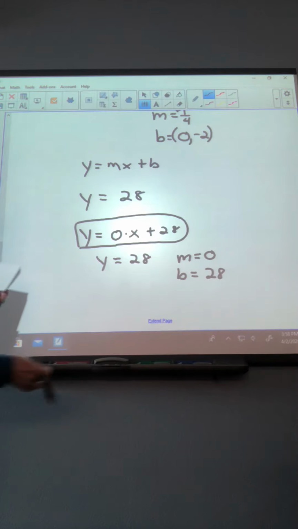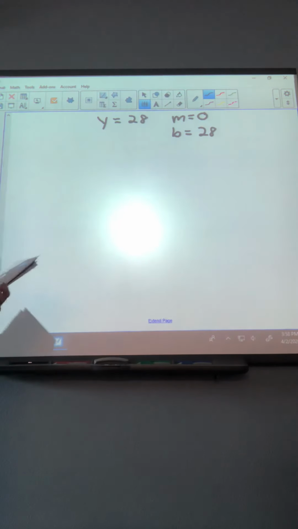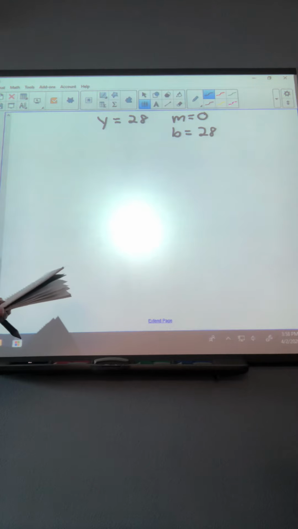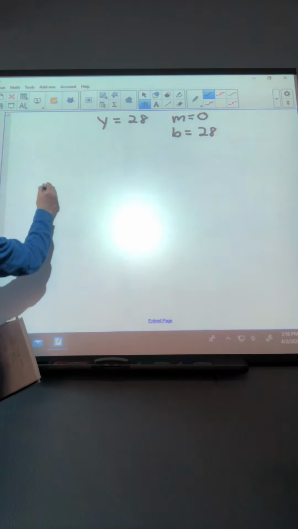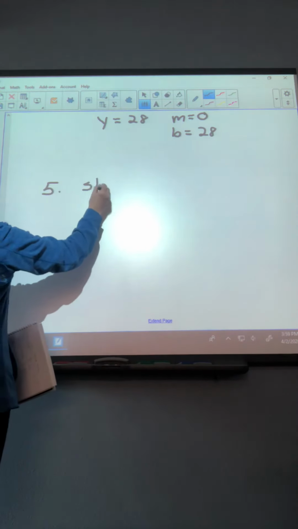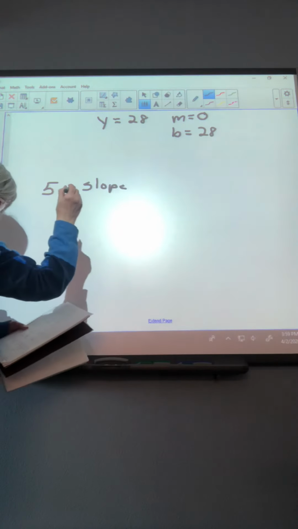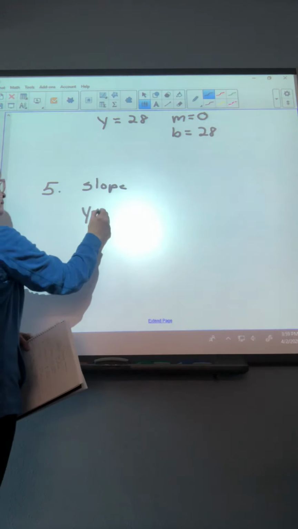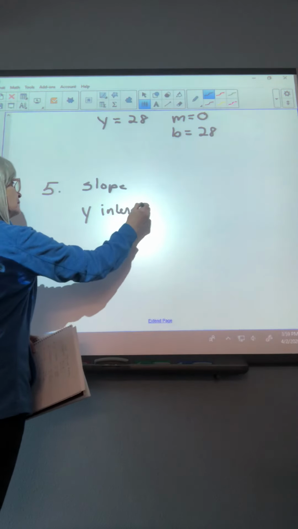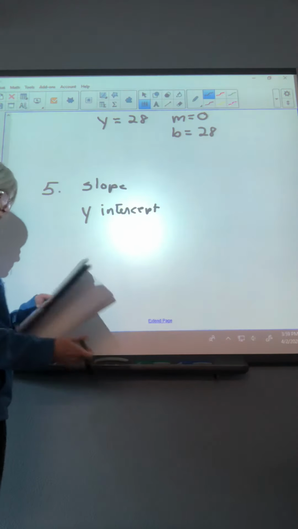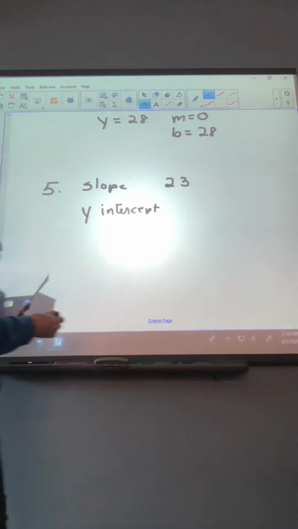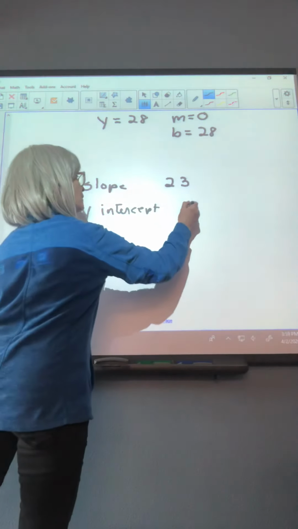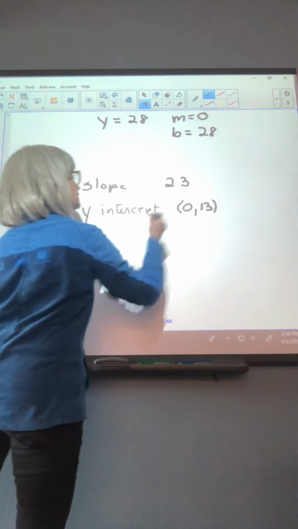All right, so on your next set of questions, it says find an equation of a line with the slope and with the y-intercept. So this is number 5, you're given a slope and you're given a y-intercept. So for number 5, it says the slope is equal to 23 and the y-intercept is 0, 13.